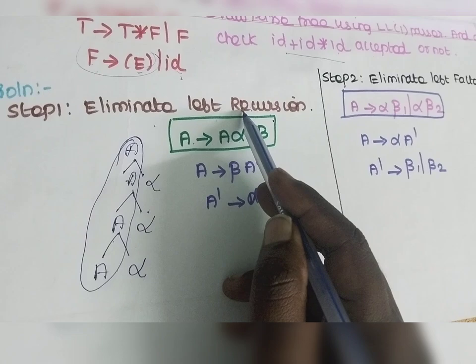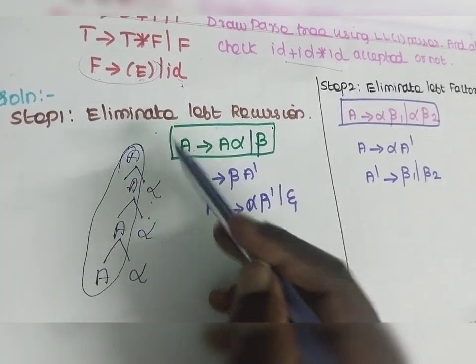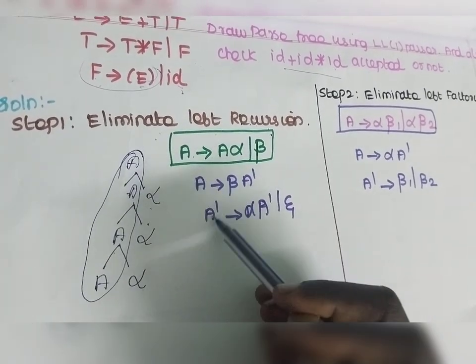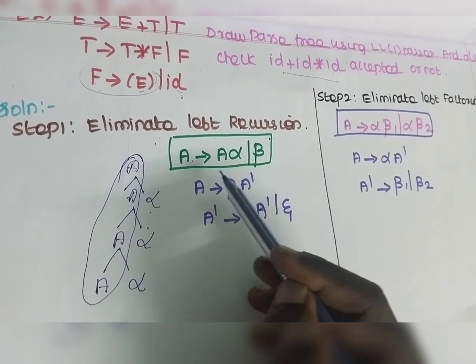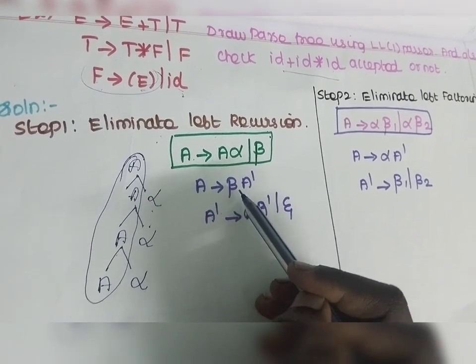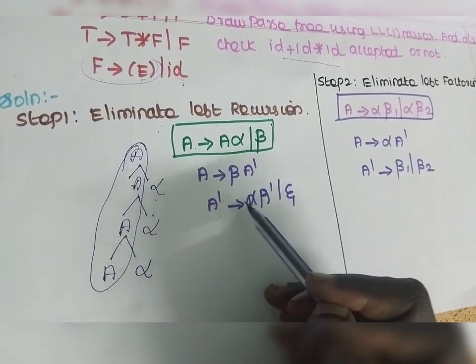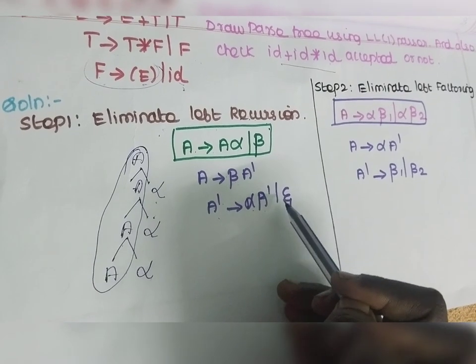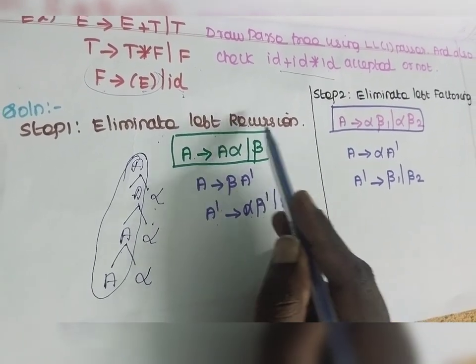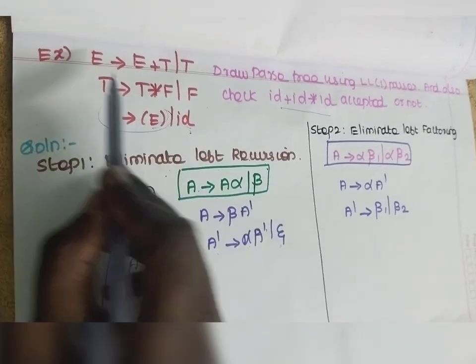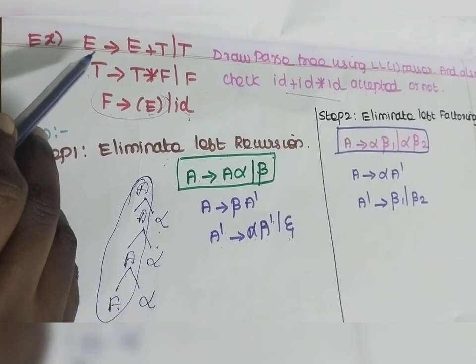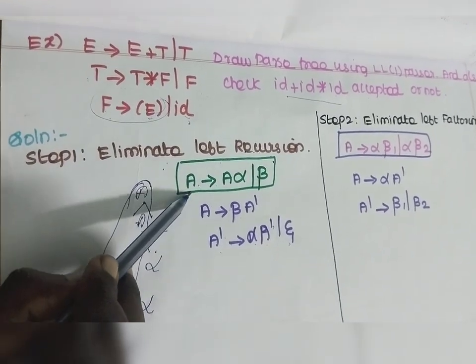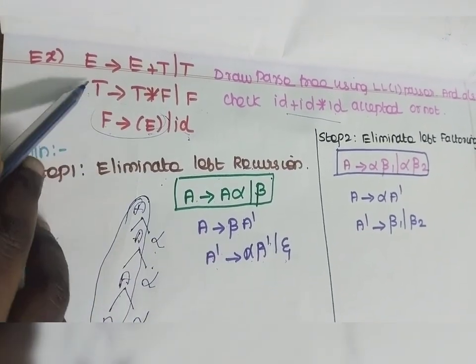If left recursion occurs, you have to eliminate it by applying two productions. For A you apply A tends to beta A dash, and A dash tends to alpha A dash or epsilon. We will do the same for this production. Compare and check whether it has left recursion or not.